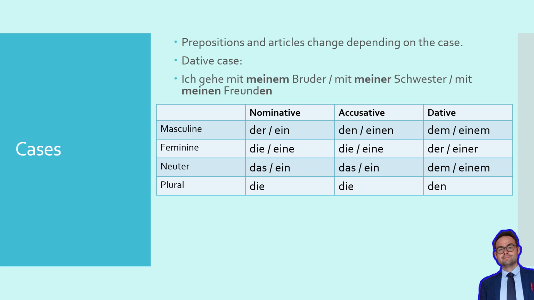So ich gehe mit meinem Bruder. Any masculine person, mit meinem. A feminine person, mit meiner Schwester, for example. Or if it's plural, then everything is going to end in en. So mit meinen Freunden. The noun is also going to end in en as well as the adjective.